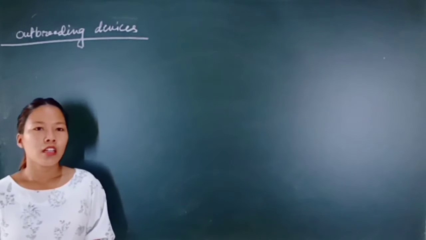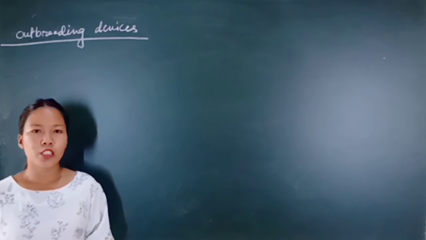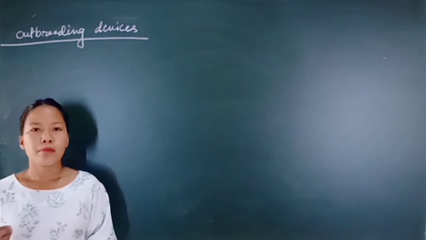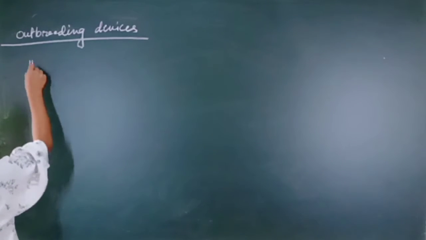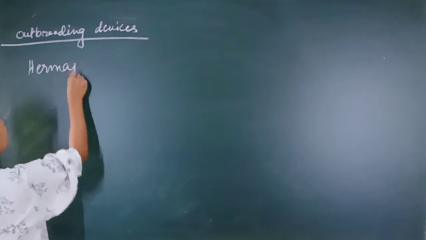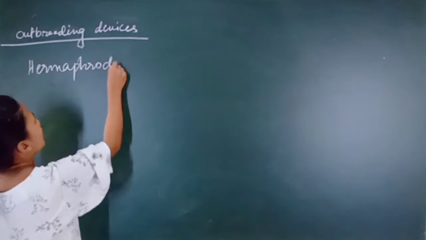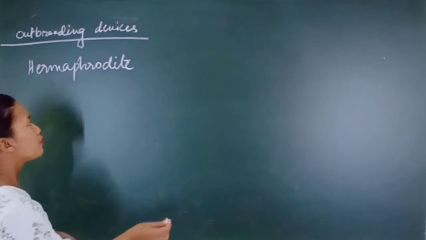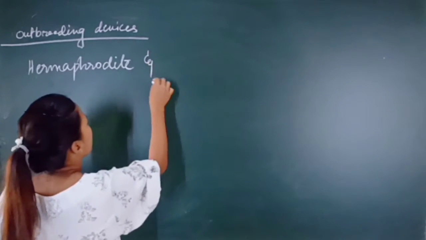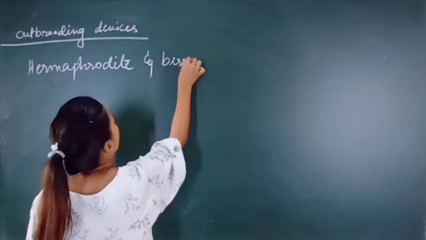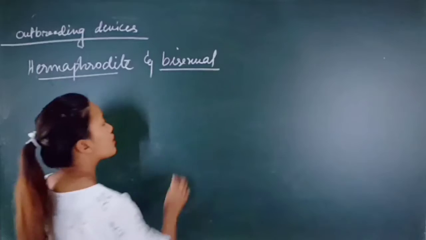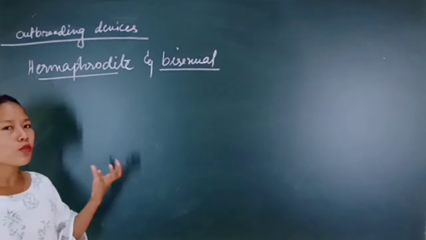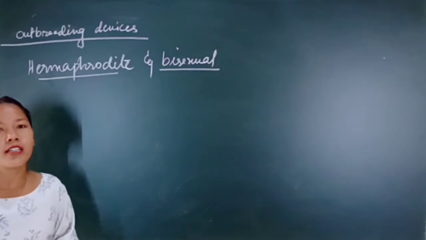So here, most of the plants, especially the bisexual flower or hermaphrodite flower, okay? Hermaphrodite means the plants in which both male and female parts are present. So same meaning, bisexual and hermaphrodite mean a plant or a flower in which both the male and the female part are present.